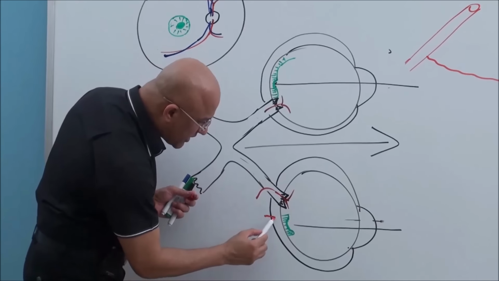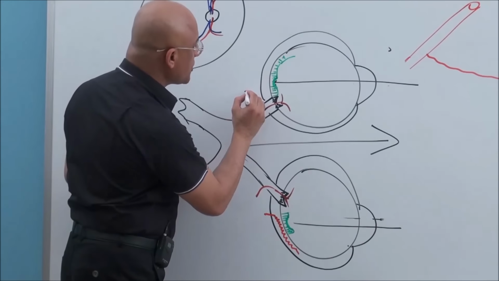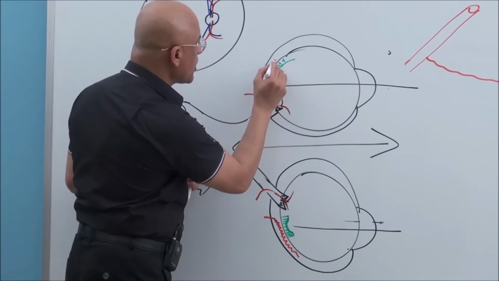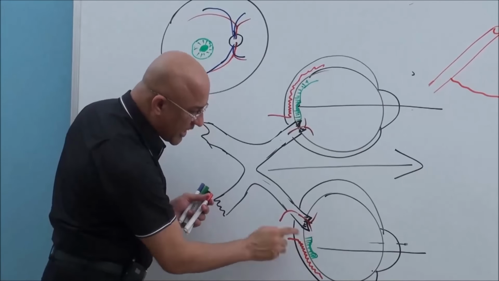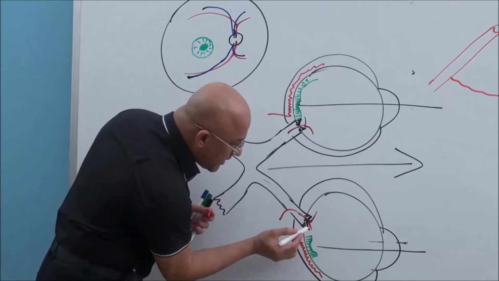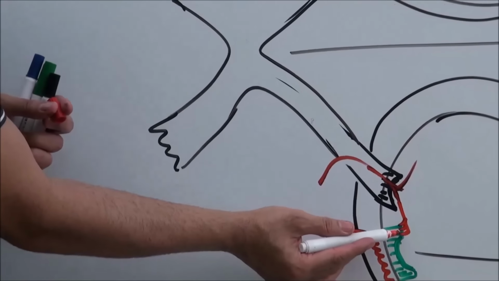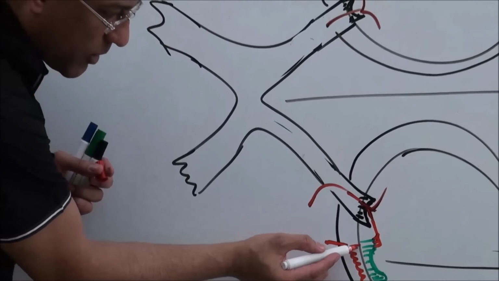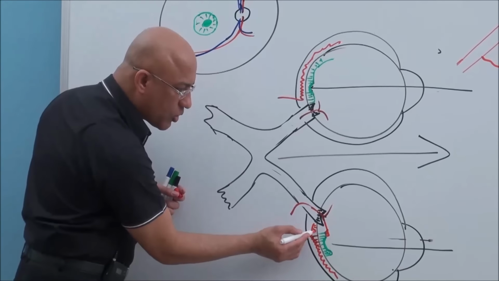Posterior ciliary arteries, and what are these making? Choriocapillaries. Here also posterior ciliary, and what is this making? Choriocapillaries. Now look, where the retina is thick, the inner part of the retina is supplied by the central retinal artery and the outer part is supplied by diffusion from choriocapillaries. Is that right? These are choriocapillaries.